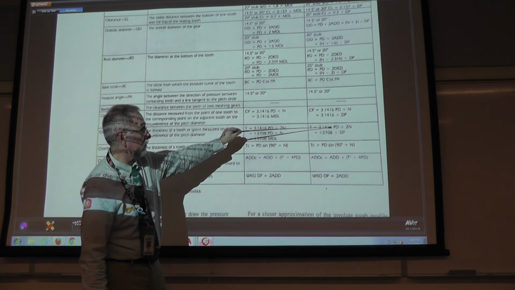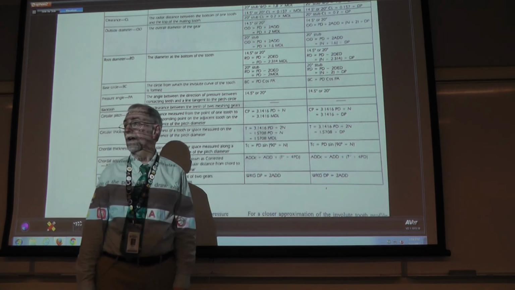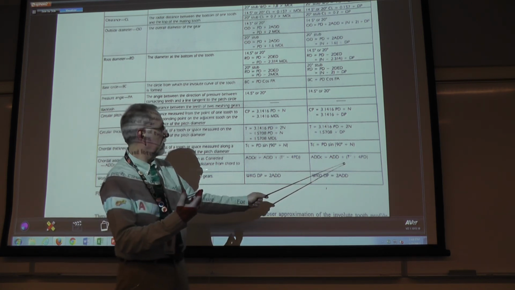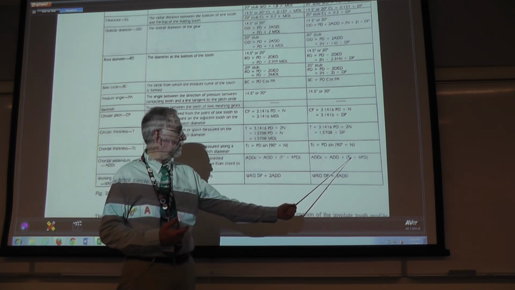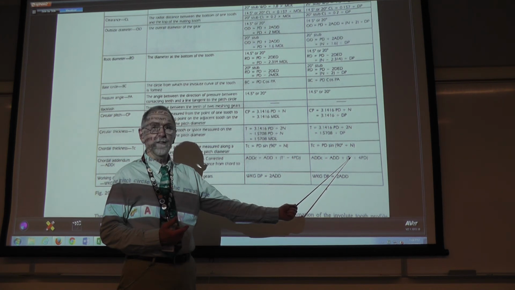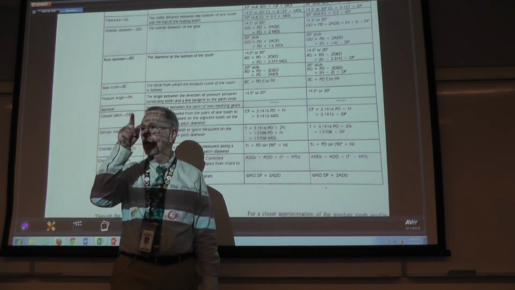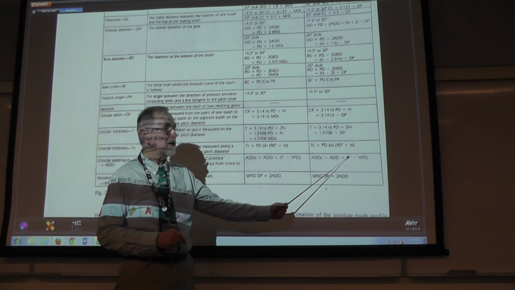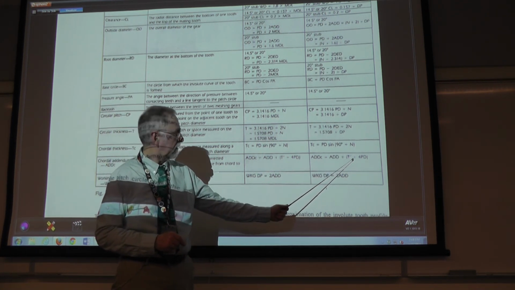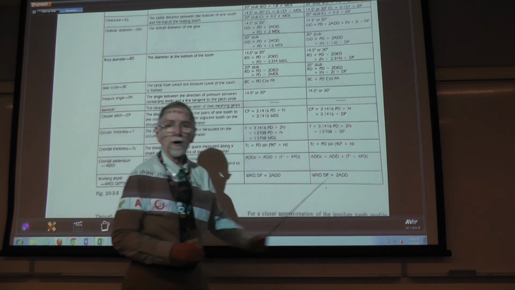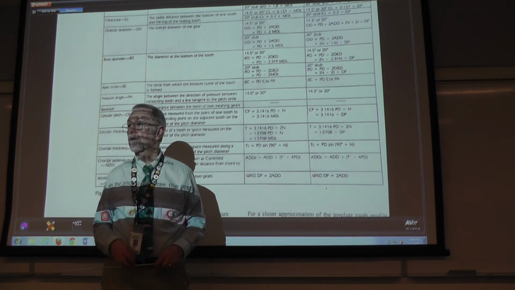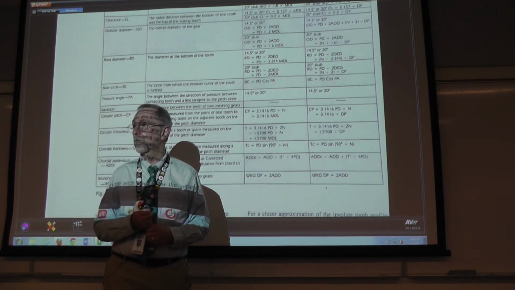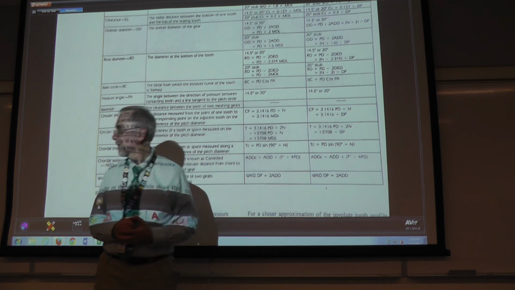If you did this one and this one, you would get exactly the same number at the end. So it doesn't really matter. But you need T. This is really hard to see in the formula in the book. That is squared. There is an exponent of 2 right here. So it's T squared plus 4 times the pitch diameter. You just need to be aware of that. It's a little bit difficult when it reproduces.